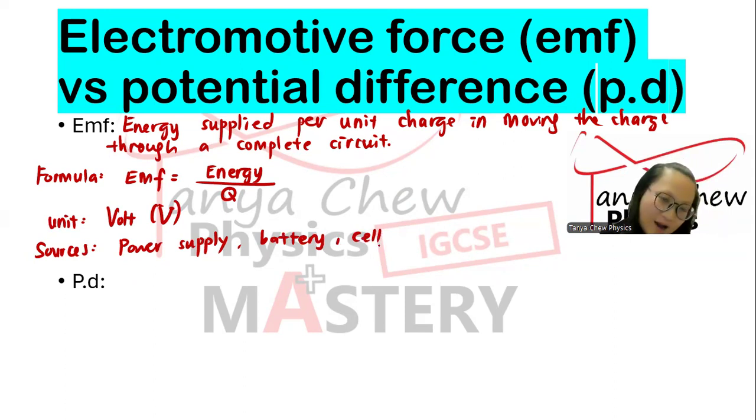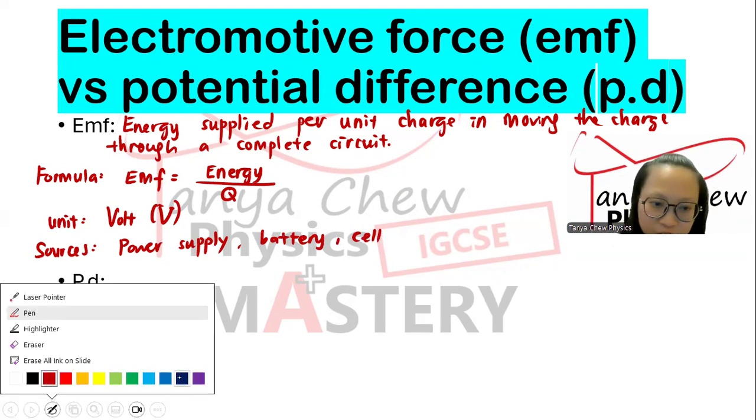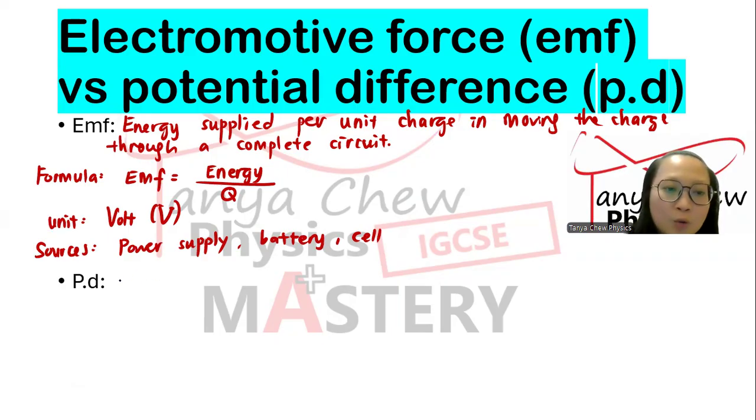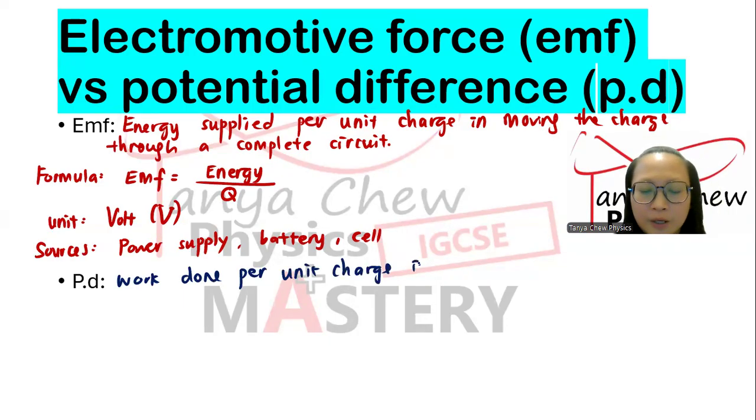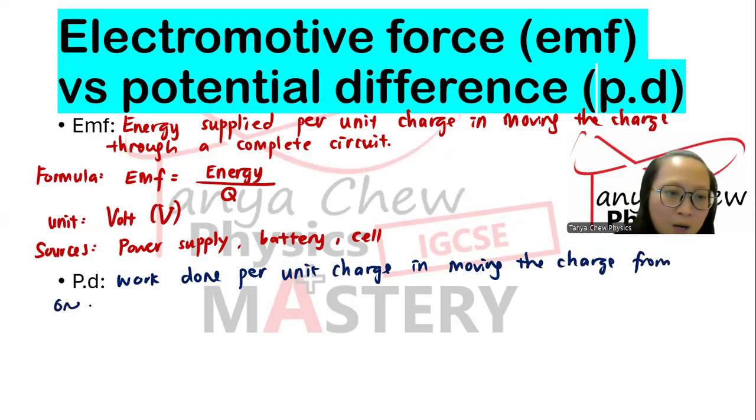PD, the definition is work done per unit charge in moving the charge from one point to another. This is called PD.